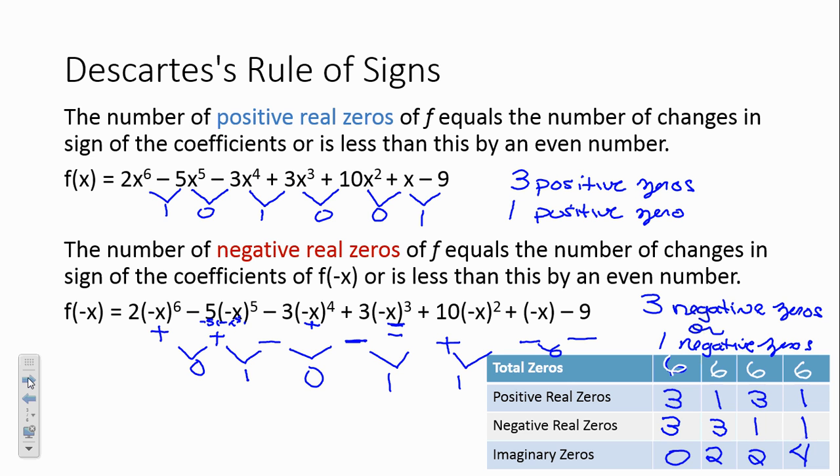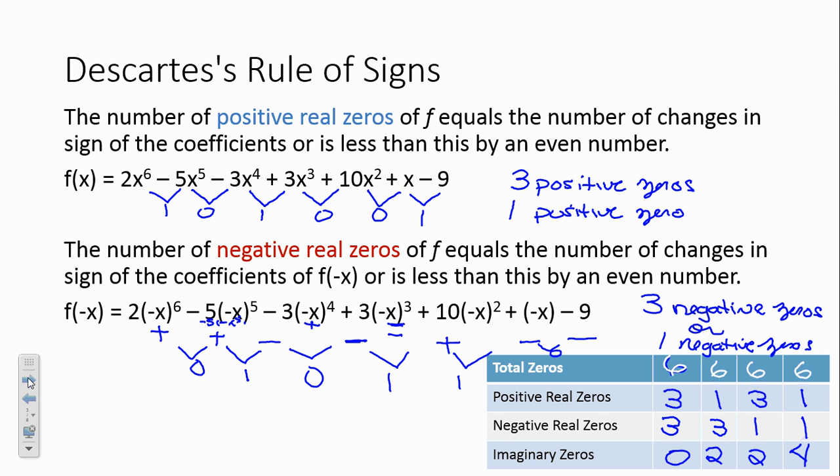Those are possibilities. Am I going to ask you to make the table each time? No. But I want you to understand that those imaginary ones always travel in pairs, and they're going to influence how many positive zeros you can have and how many negative zeros you can have. Yep, because it will help you. There may be times when there are no positive zeros, so you don't even bother to try them.